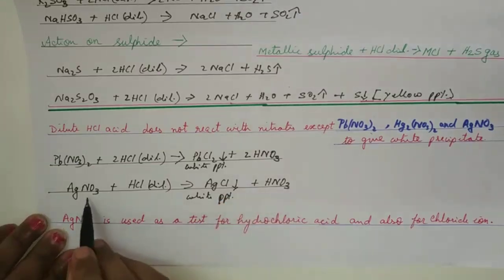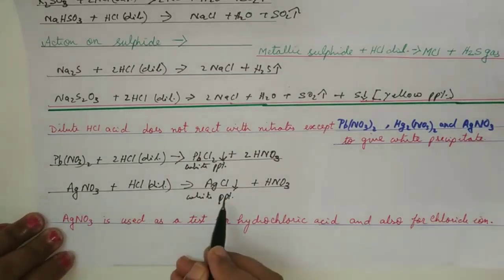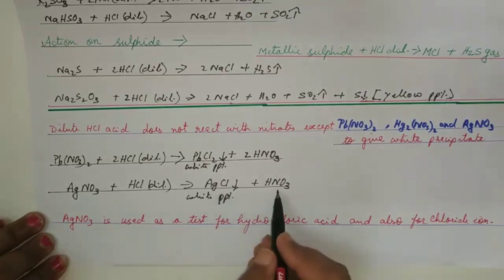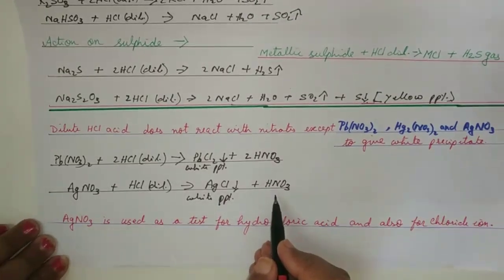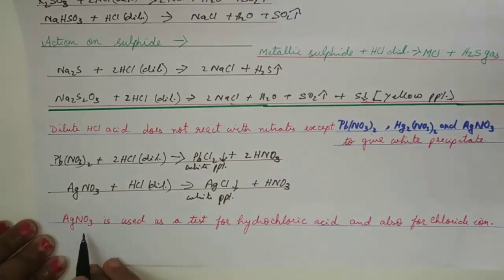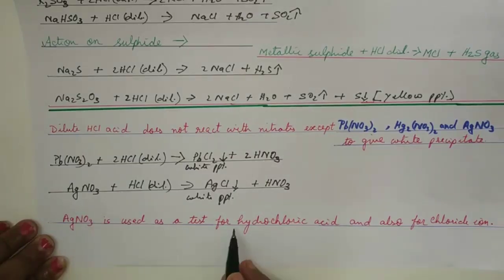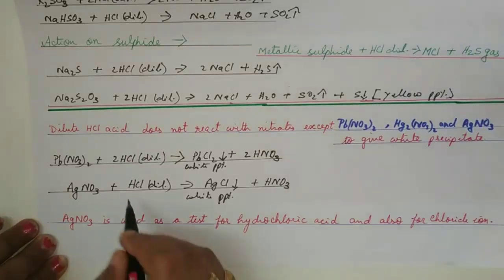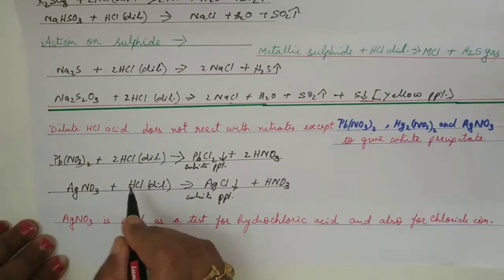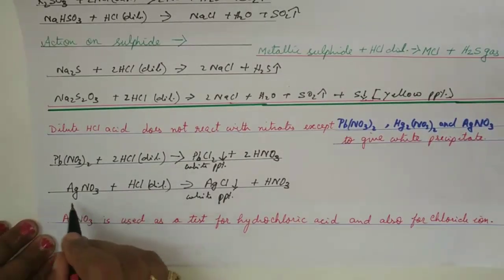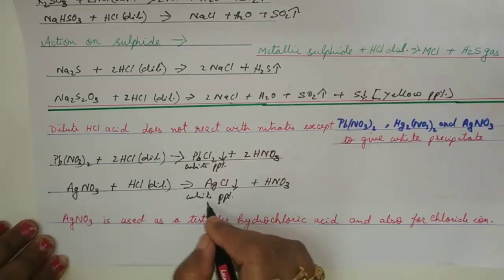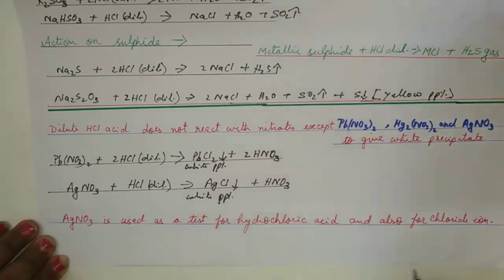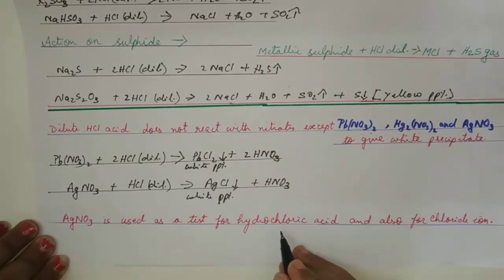So silver nitrate with dilute HCl will give you a white precipitate of silver chloride and nitric acid. Silver nitrate is actually used as a test for hydrochloric acid and also for the chloride ion. So if you have HCl here, if you have a metal chloride here, silver and chlorine will always give you a white precipitate, and you identify the chloride ion as well as hydrochloric acid.